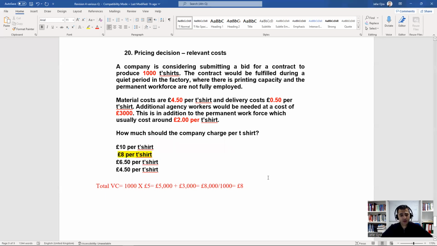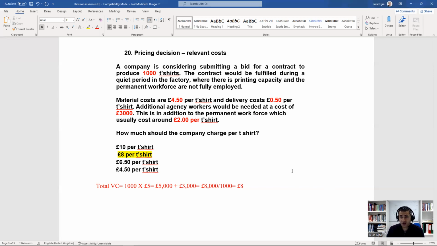Now the question you will ask is, why did I not include the £2 per t-shirt? I'm sure you're asking this question. Very simple reason. We don't include it because this is a fixed cost. Regardless of whether we take this job or not, we are not going to include the £2 because it's a fixed cost.